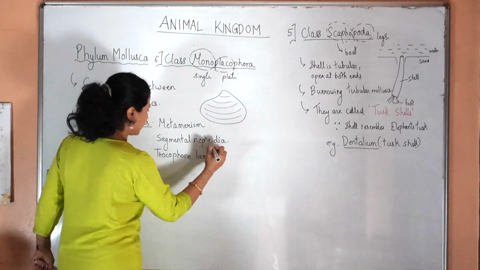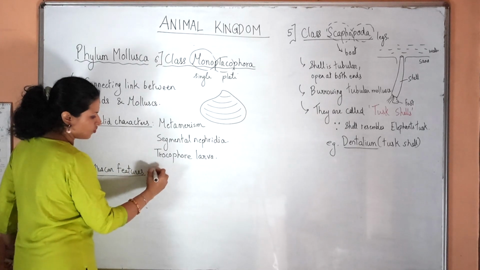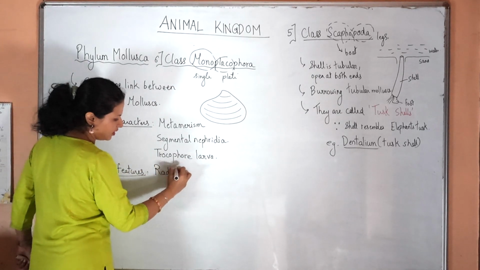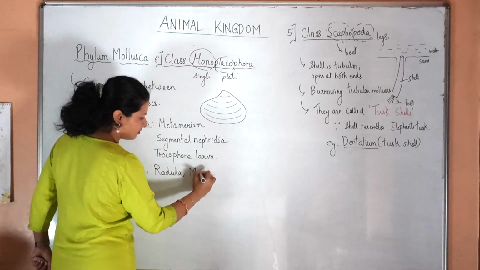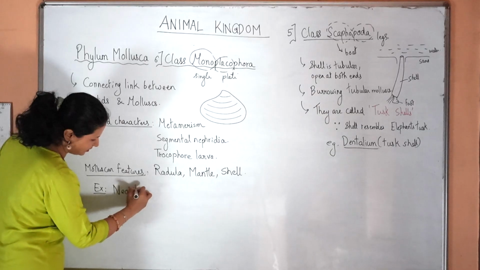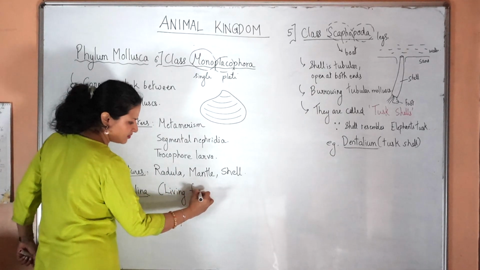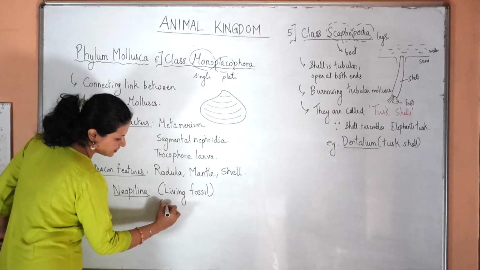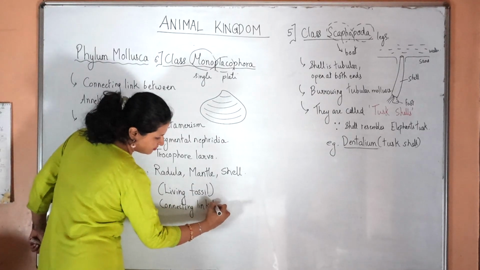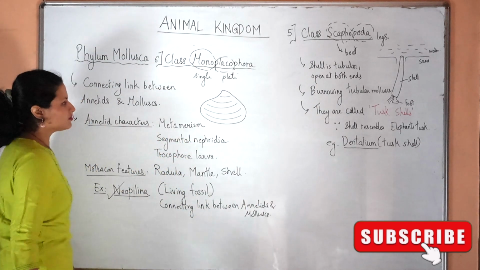The molluscan features that these show are presence of the radula, the mantle, and the shell. An example is Neopilina, which is considered a living fossil because it is still existing, and it's also considered a connecting link between annelids and mollusks. This is an important example according to me for AIIMS.